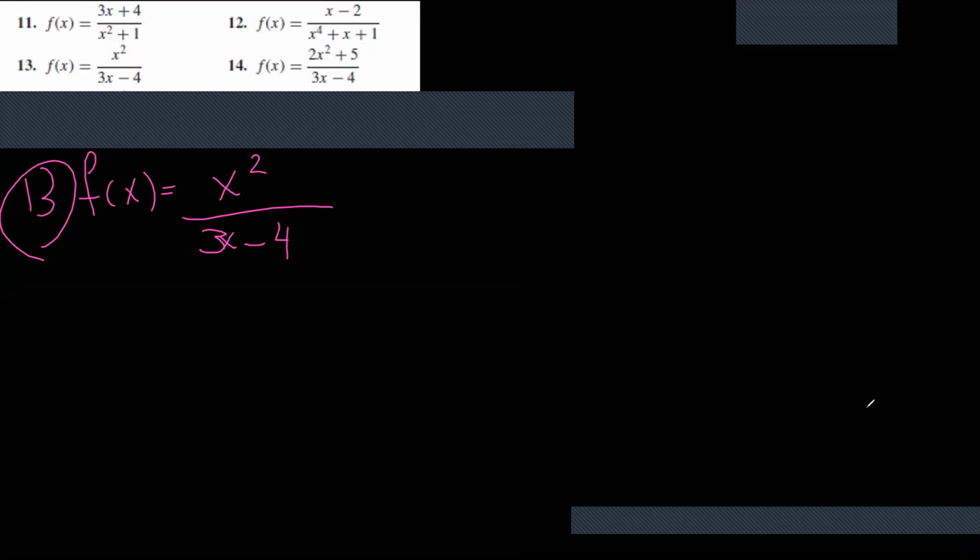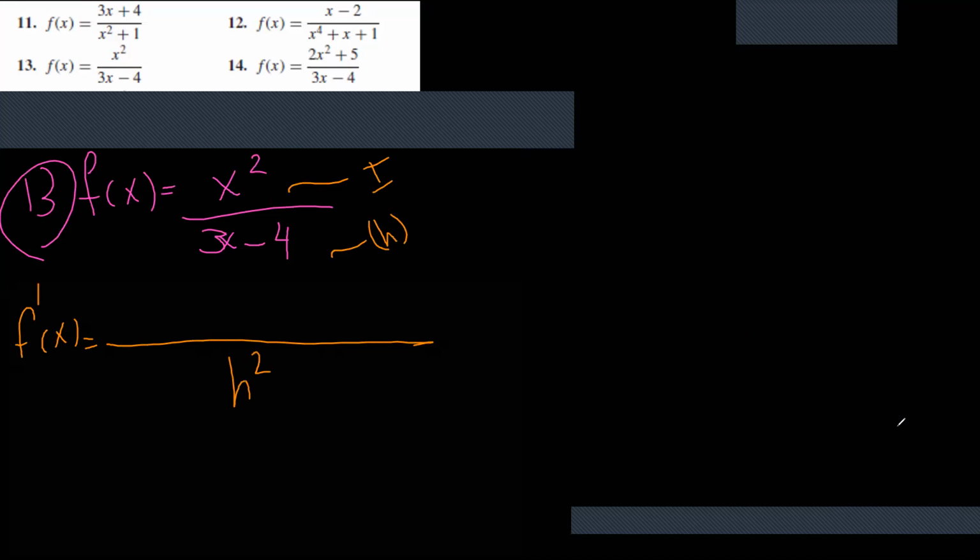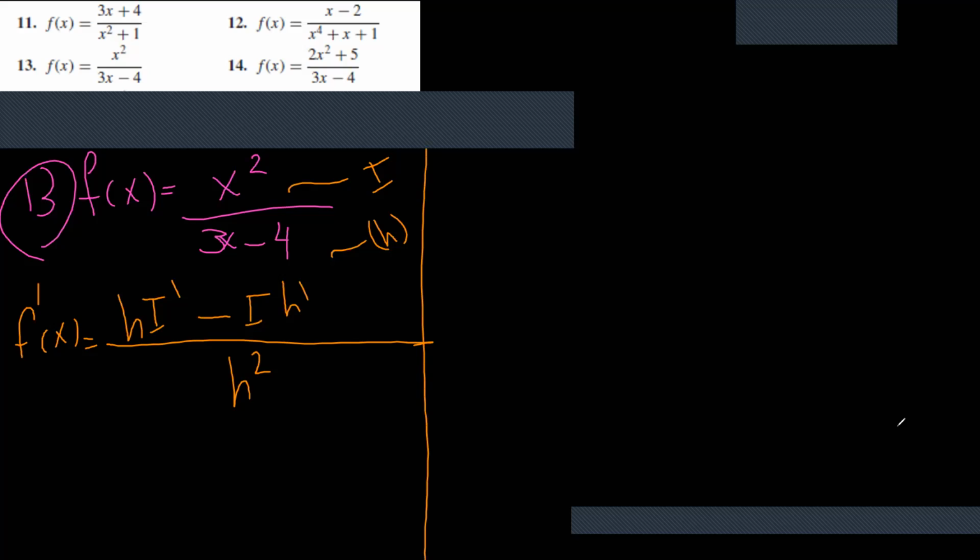Let's name this one with g and h. So, f prime of x will be h squared down, h times g prime minus g times h prime. So I need now to find g prime and h prime.